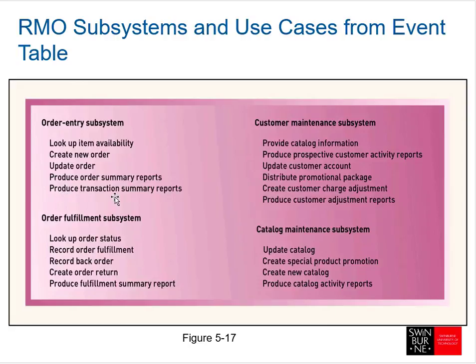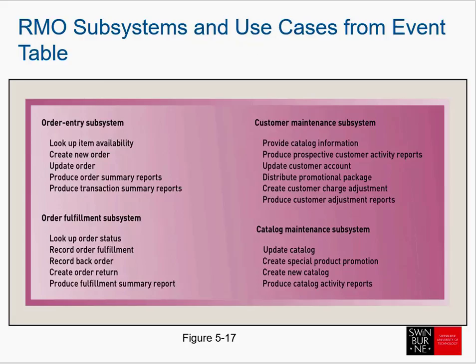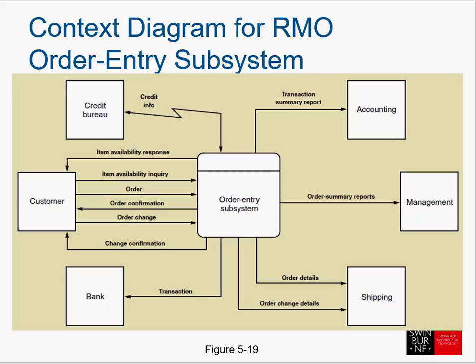So this is the subsystem we are going to develop now using data flow diagram symbols. Yes, we have identified 1, 2, 3, 4, 5 use cases, and this is the subsystem we represented. It's a context diagram. So 1, 2, 3, 4, 5, 6: there are 6 external agents associated with this particular order entry subsystem.